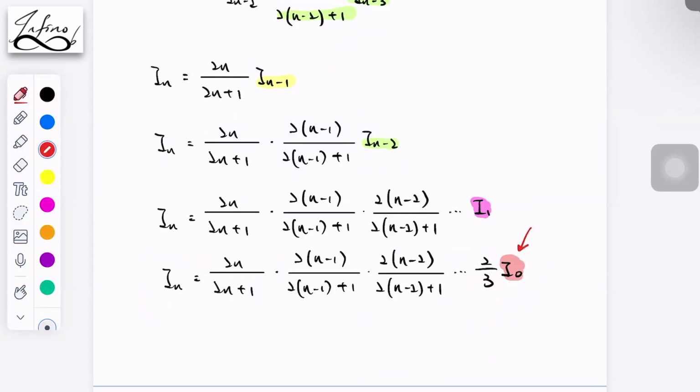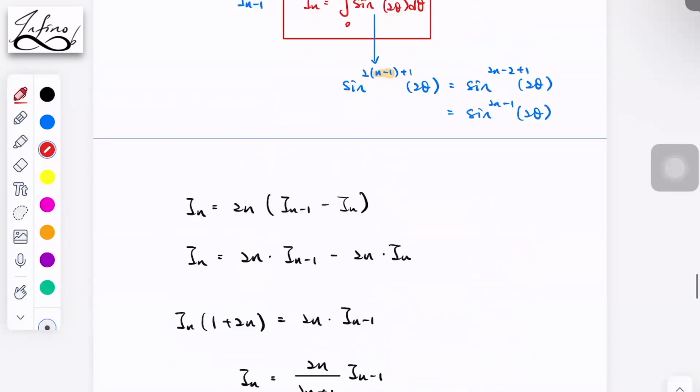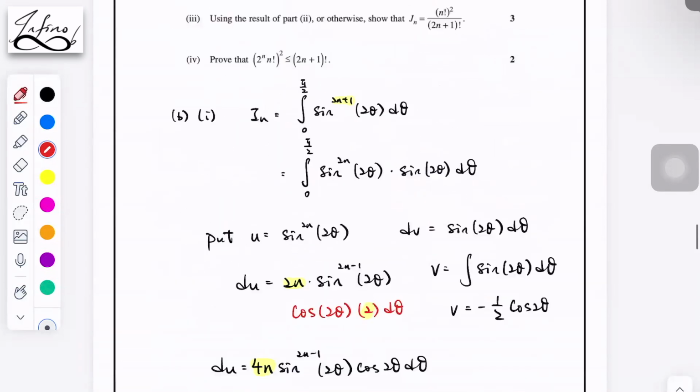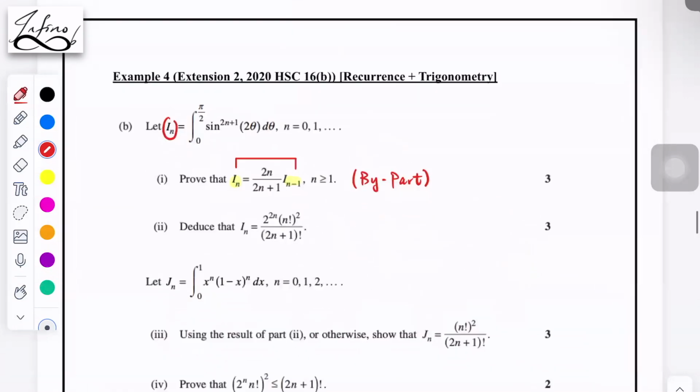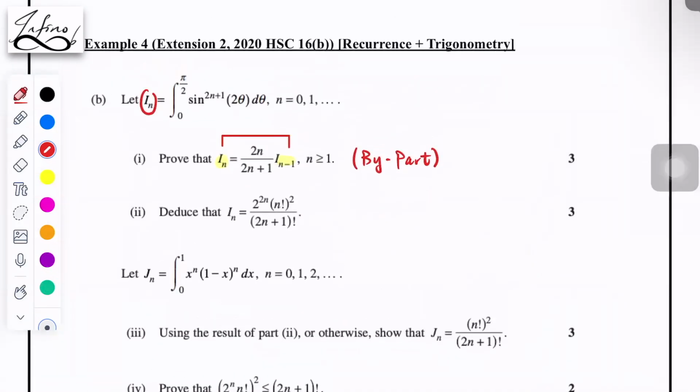But what is I0? Can anyone in front of the screen tell me what I0 is? Indeed, you have to find it yourself. This is the critical part: you have to substitute 0 back into the original given I n. When n is 0, this is the integration from 0 to pi over 2 of sine to the power 0 plus 1, which is 1, of 2 theta, d theta.